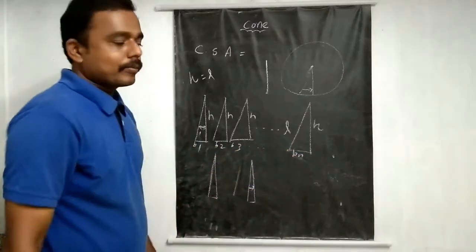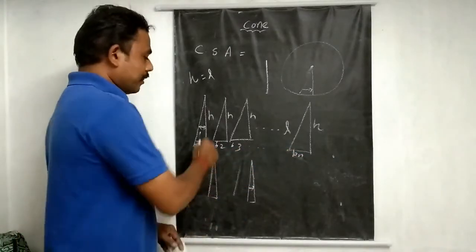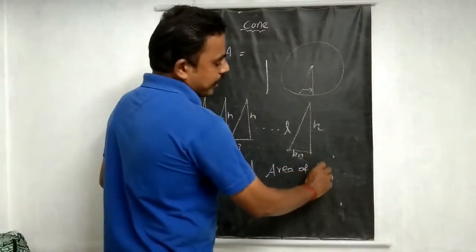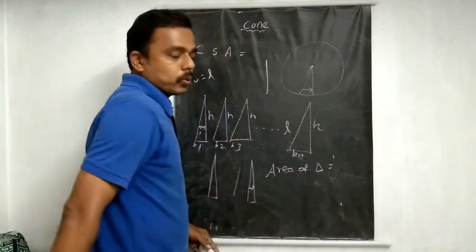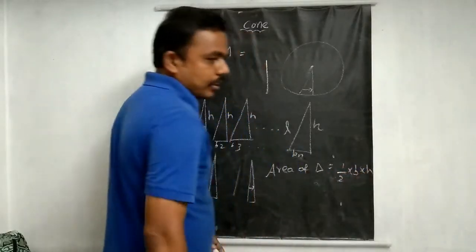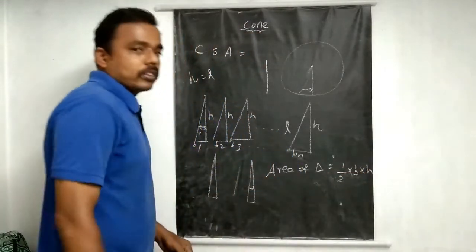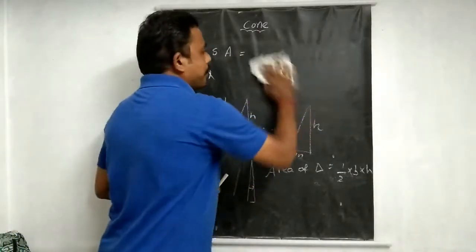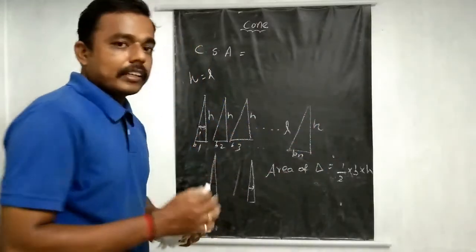So base n. Now what is the area of the triangle? Area of triangle equals 1 by 2 base into height. Now we are going to use this formula for the curved surface area. Now how many such triangles are there? N numbers.